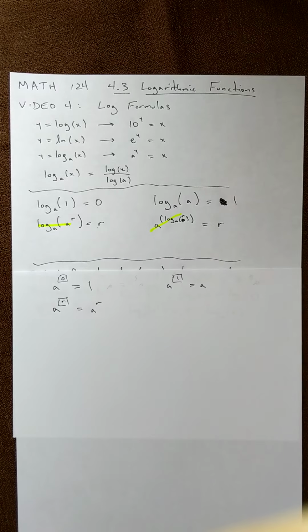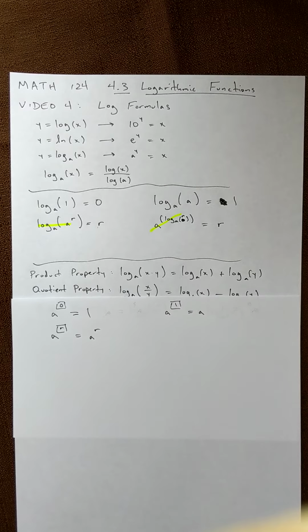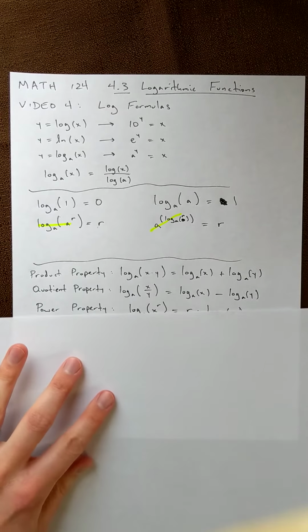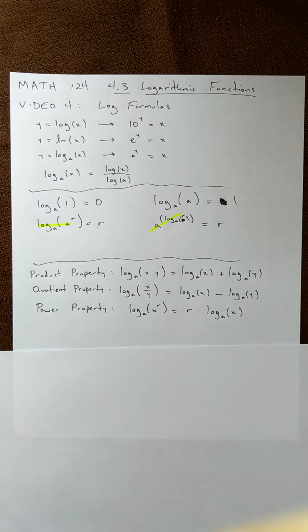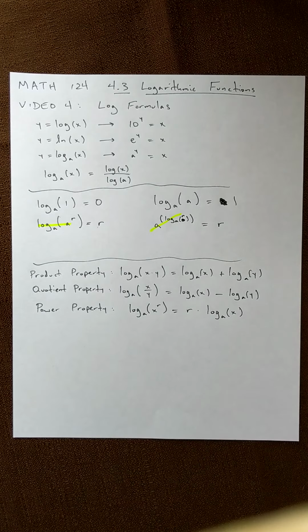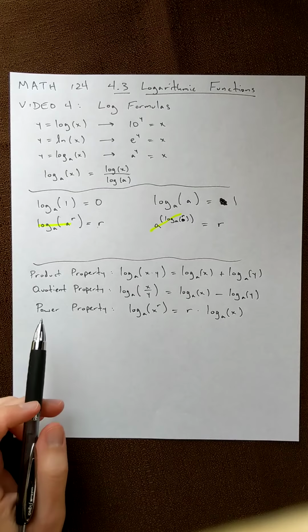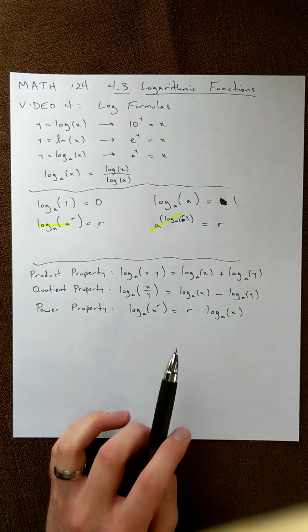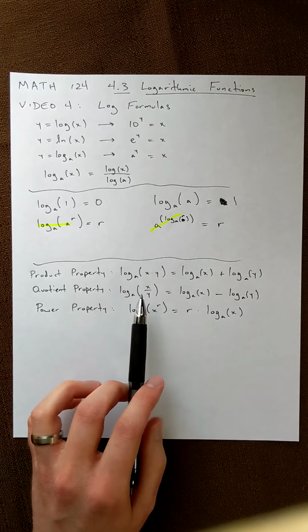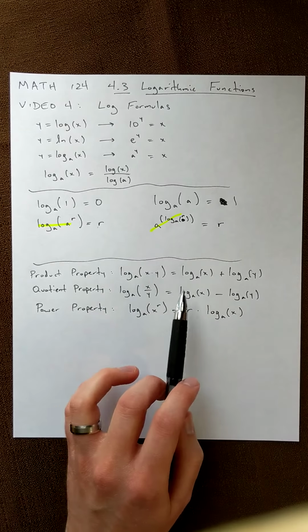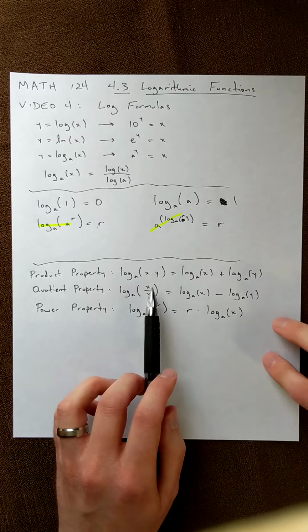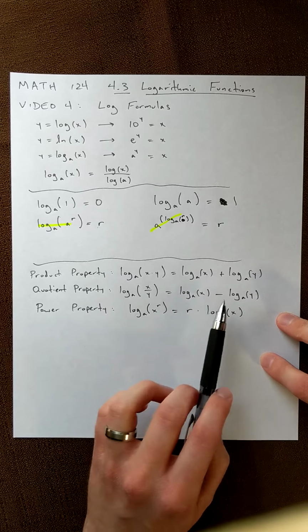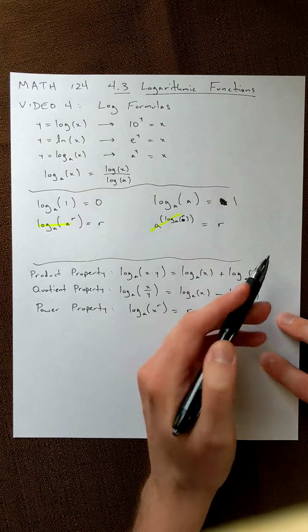Okay, now we have some more interesting formulas. I'm just going to show you what they all are. They're called the product property, the quotient property, and the power property. They seem like giant masses of gobbledygook. It turns out all these are somehow related to something we've seen before, though. Because we've seen a rule of exponents that has a plus and a times in it.